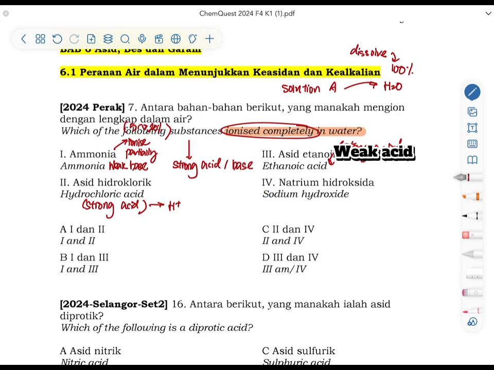Sodium hydroxide is a strong base or strong alkali, so it also ionizes completely in water. So the answer would be 2 and 4, and the answer will be C.